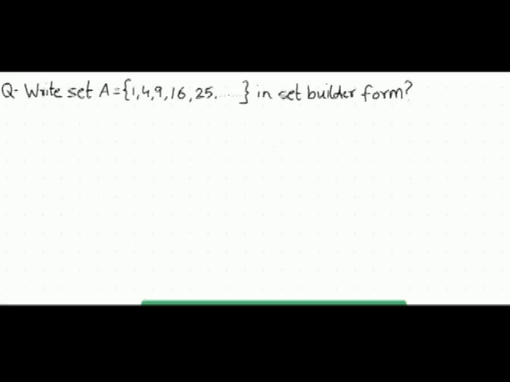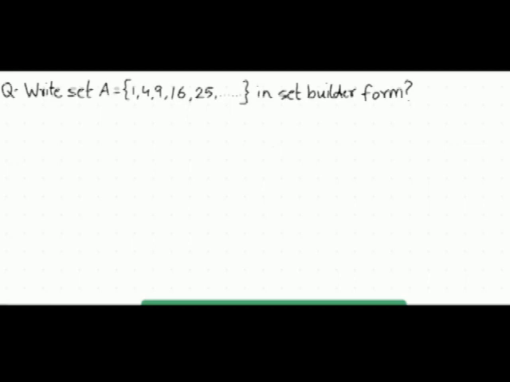So first of all we will observe 1, 4. 4 is a square of 2, 3. 9 is a square of 3. 16 is a square of 4. 25 is a square of 5.